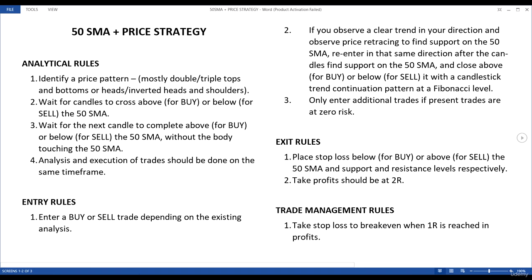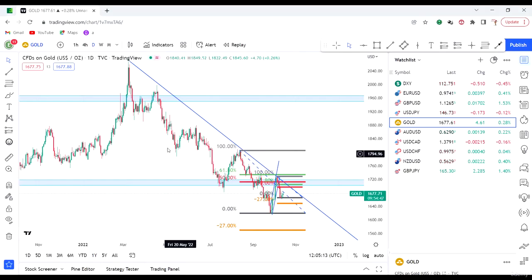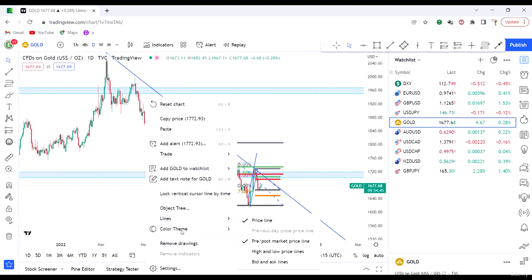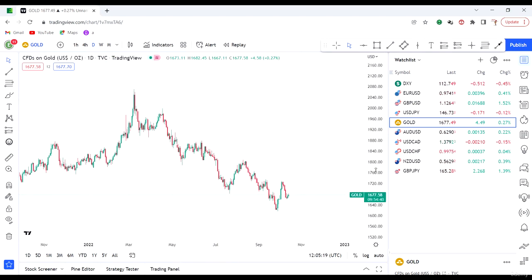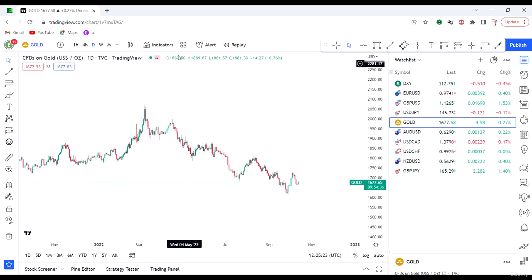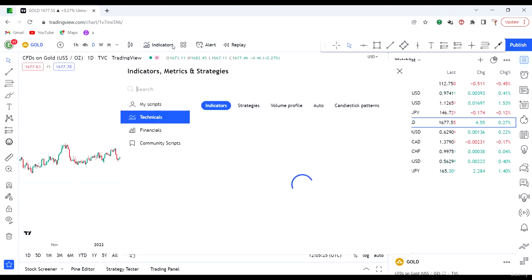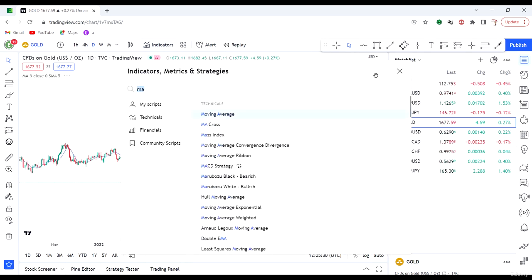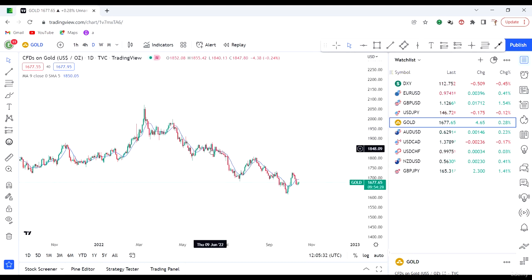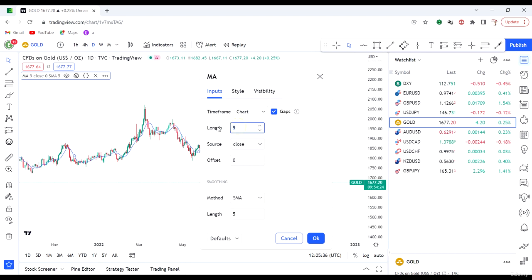Okay, so let us come to our TradingView and just delete everything we have here. Just come on indicators, and then type in the moving average, MA for moving average. So we're going to add the moving average, and we're going to just click on it and make this 50.